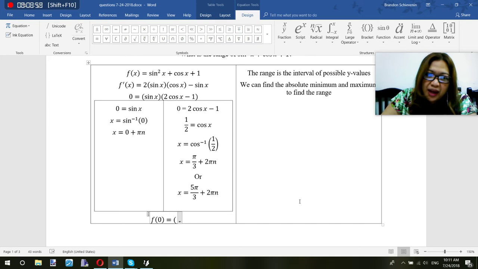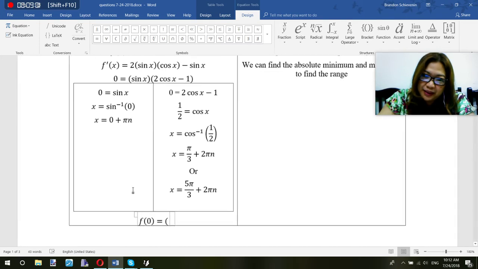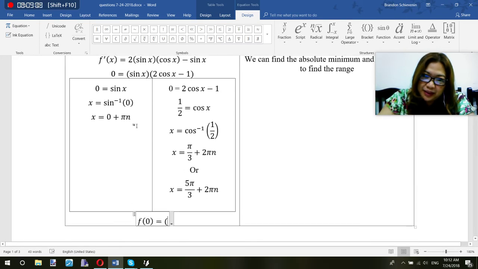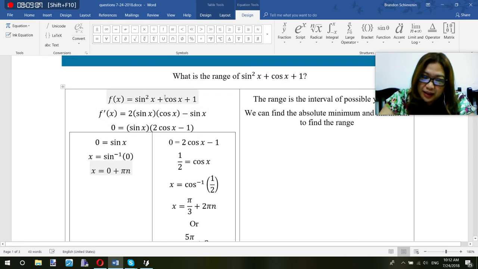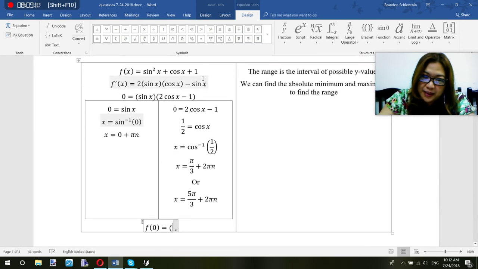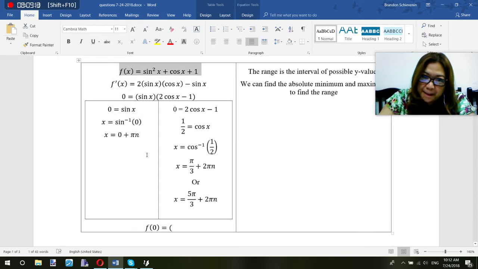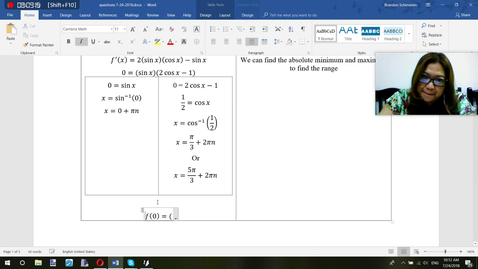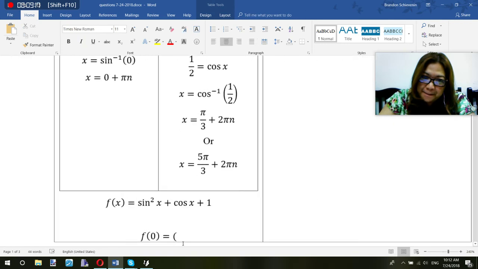If my n is 0, so that means x is 0. These n's can be anything. If I plug x equals 0 into my original equation, let me copy this one down so I can get this all on one screen.